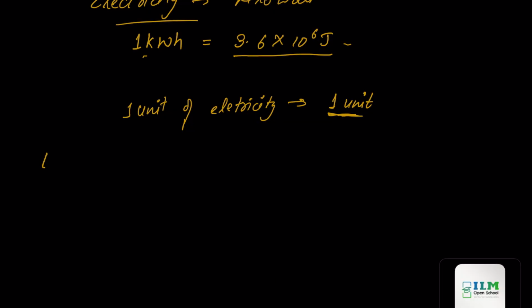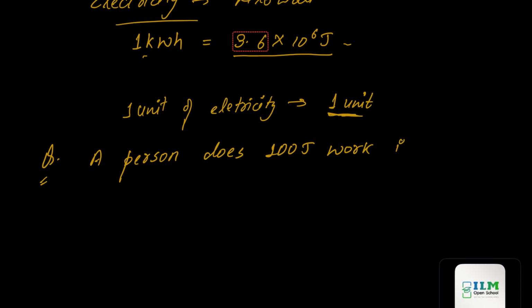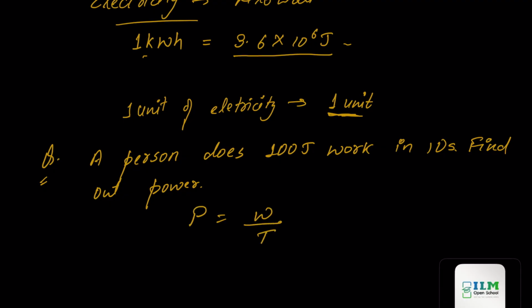So if we want to solve a very basic question: if a person does 100 joule of work in 10 seconds, then find out the power. How can you find it out? We write the formula of power. The formula of power is work upon time.